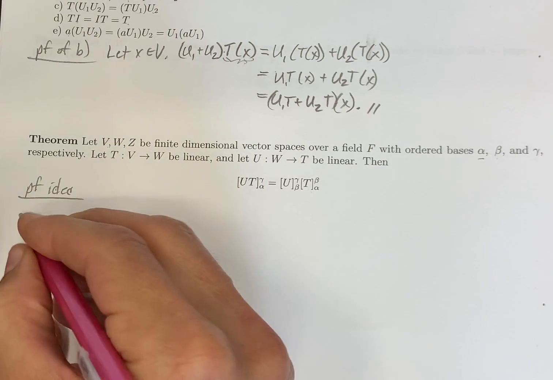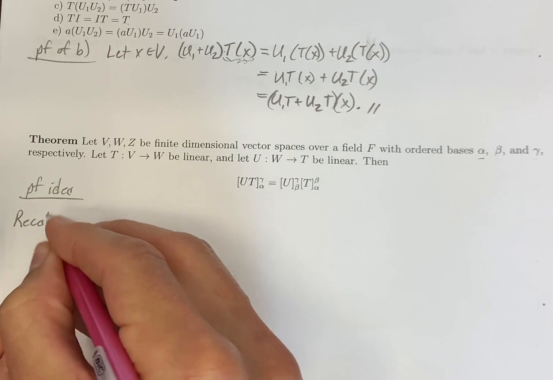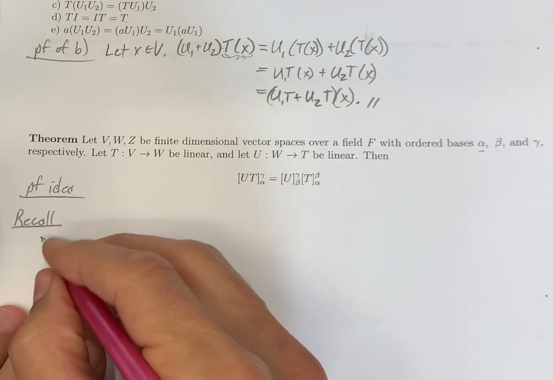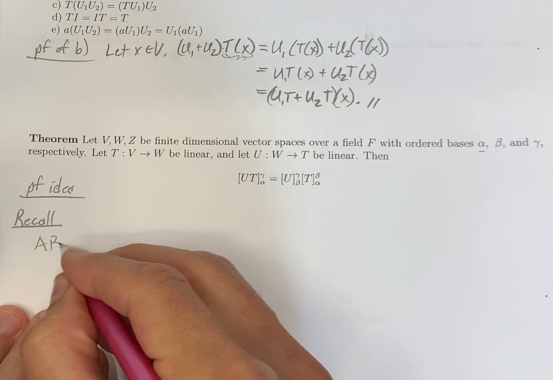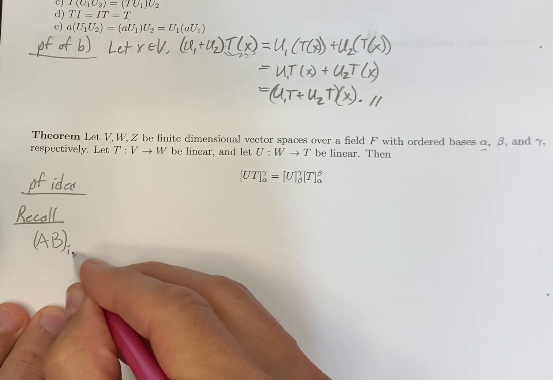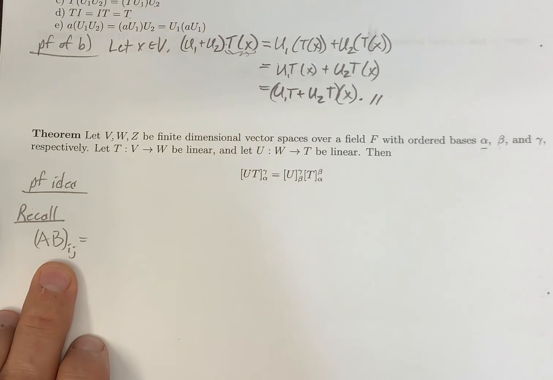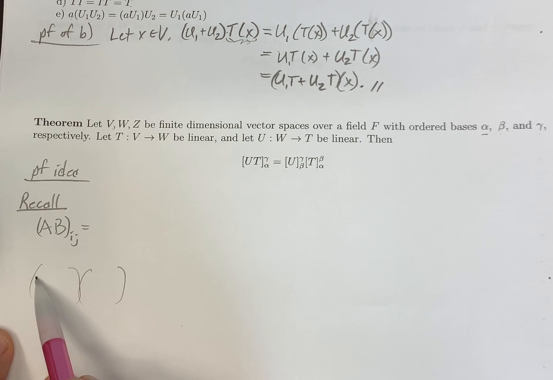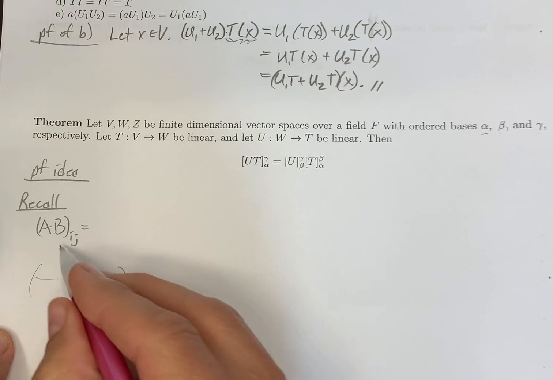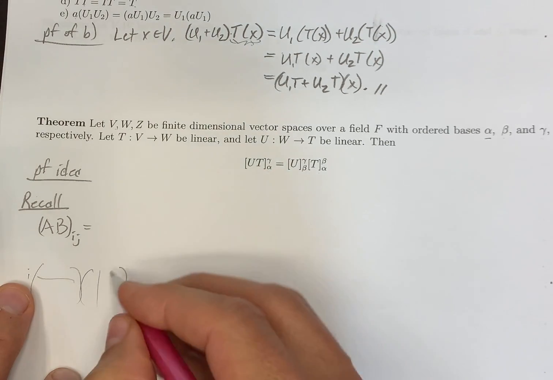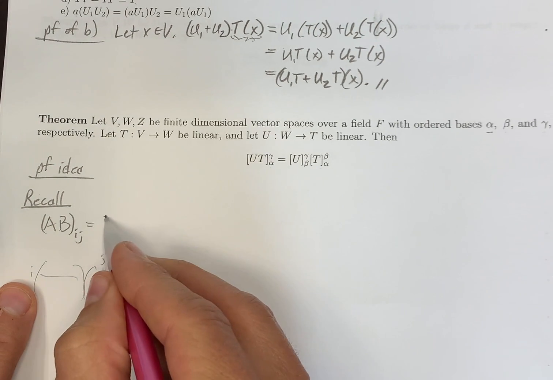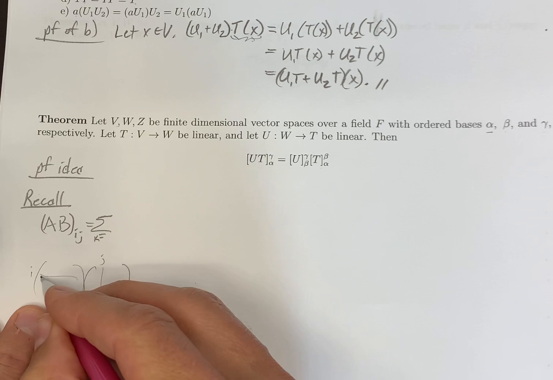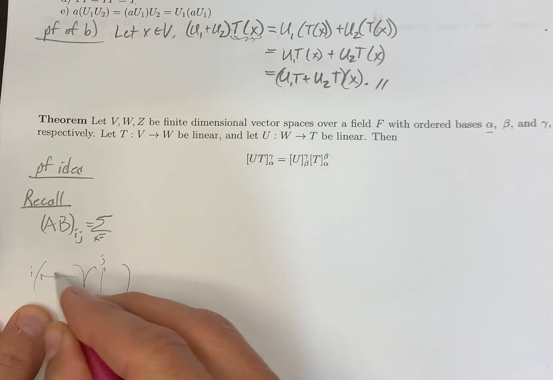So first off, you need to recall what matrix multiplication is. Think about it precisely. Well, what is the ijth entry of the matrix AB? Well, you might remember from back in the day, how do you multiply two matrices? You go row, column, right? This is the ith row times the jth column, which when we're writing this precisely, you sort of go through the index 1, 1, 2, 2.